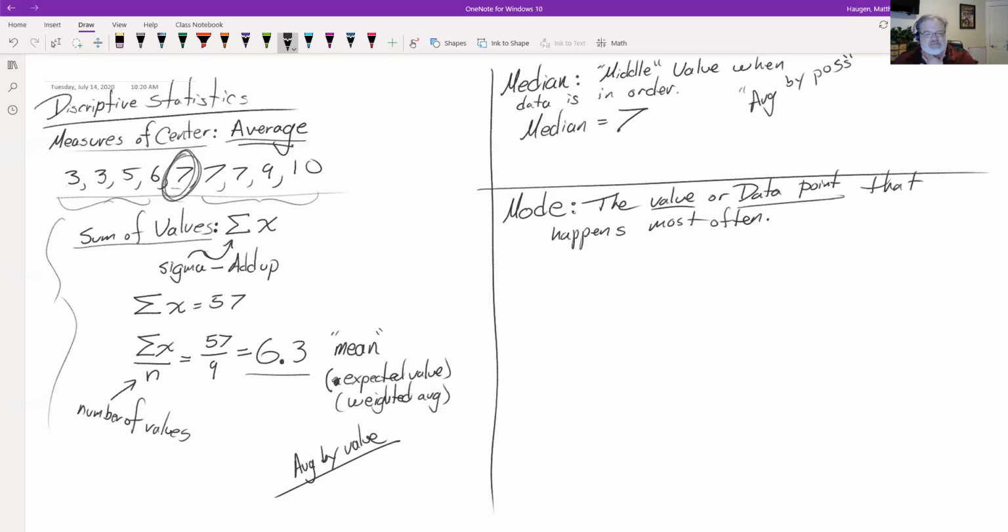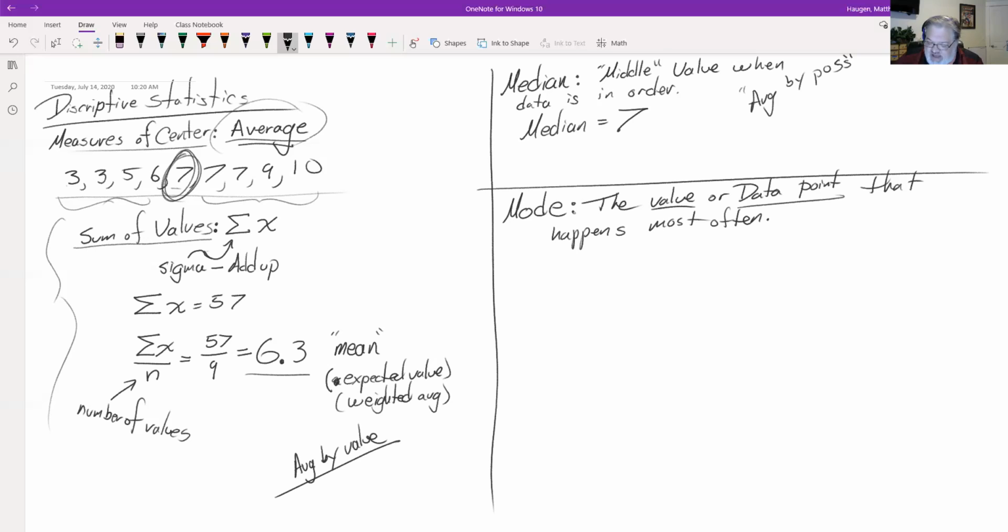So that might seem a little bit less like a measure of center, and it is a little bit less a measure of center. But remember, our idea of average is to find a value that's going to stand for the whole set. So if we want one value that's going to stand for the whole set, why not make it the one that happens the most often?